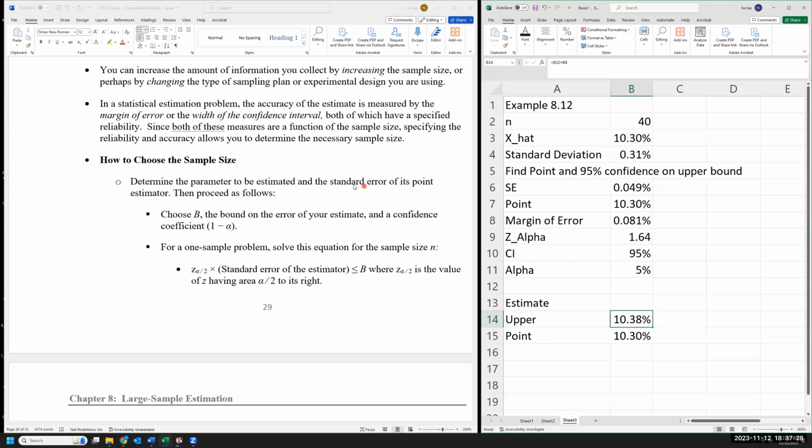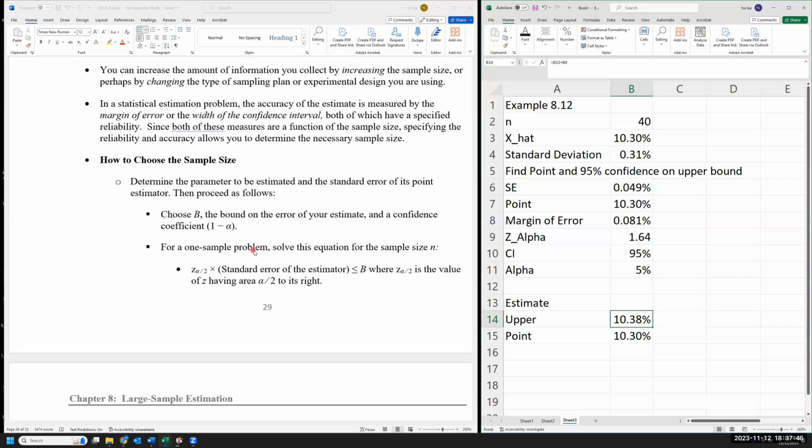And the standard error that you want. Choose B, the bound on the error of your estimate, and the confidence coefficient, whether you want 99%, 95% confidence.